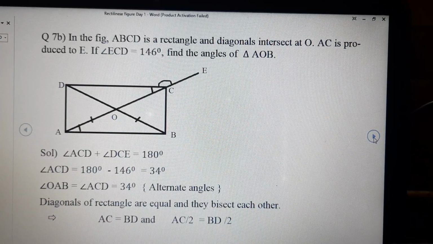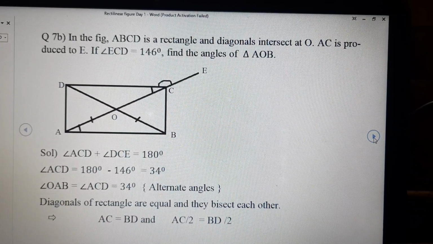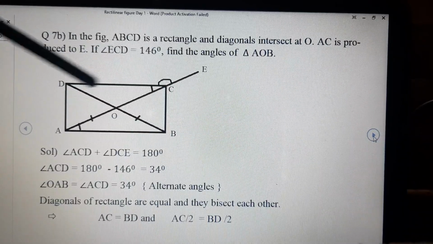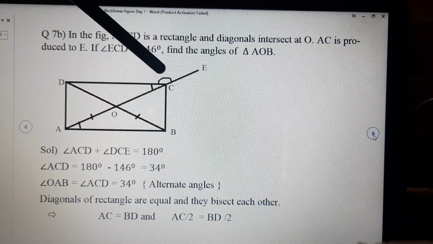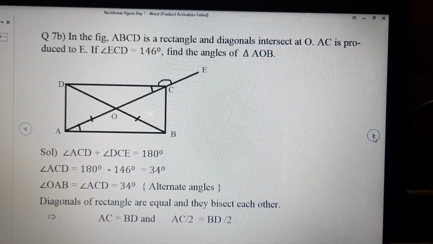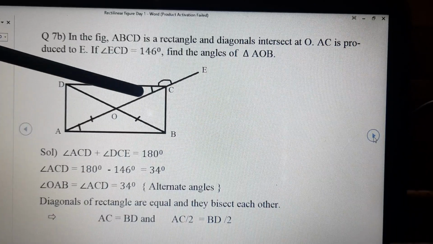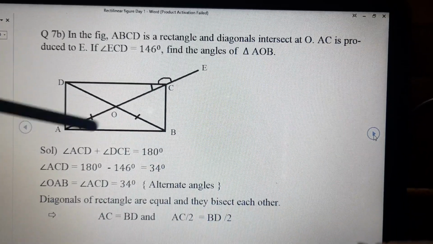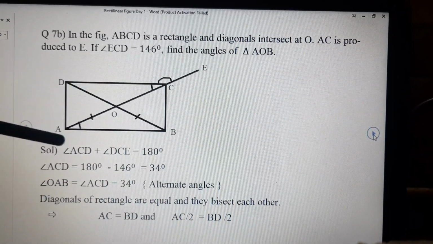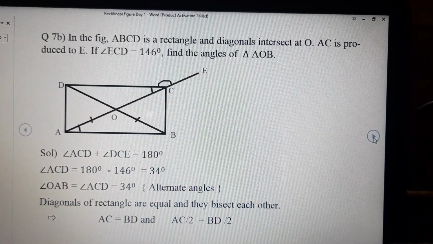So if BD and AC are equal, then half of BD will be equal to half of AC. Before that, they have done this. DCE is 146. So DCA is a linear pair, it will be 180 minus 146, that means 34.